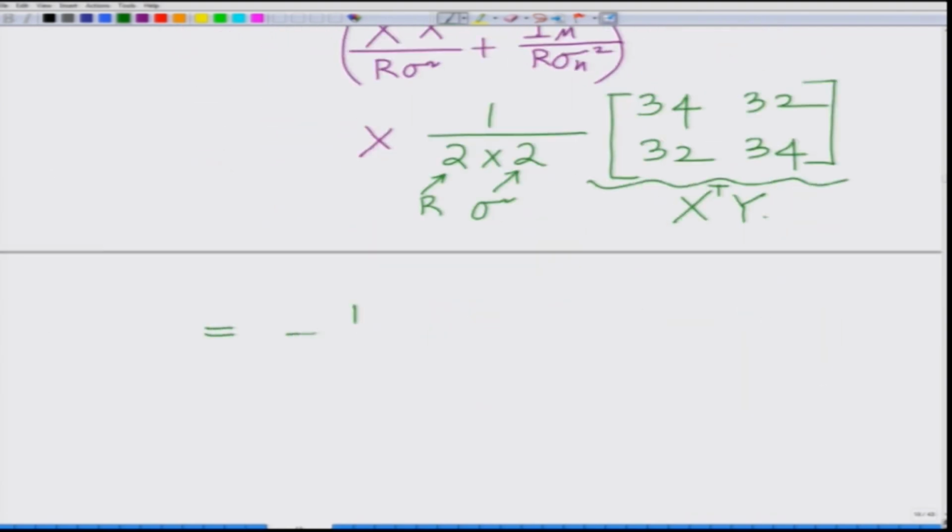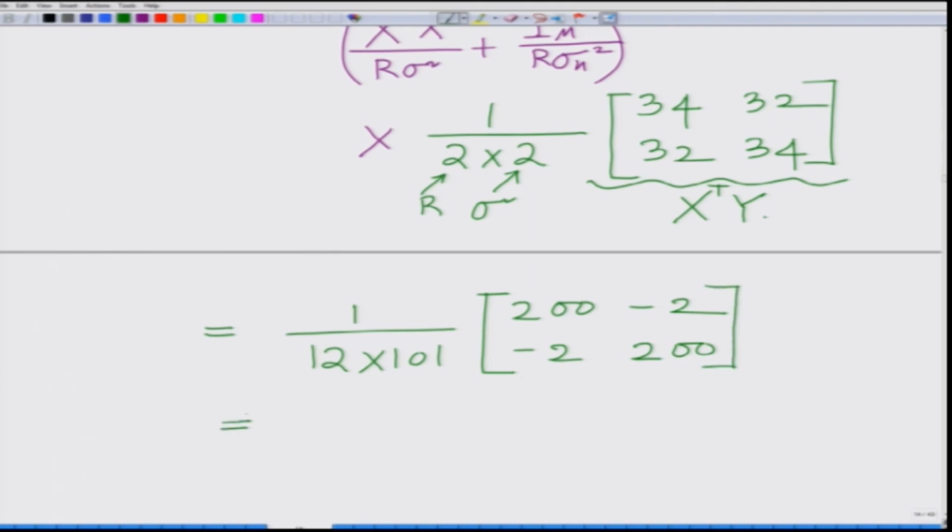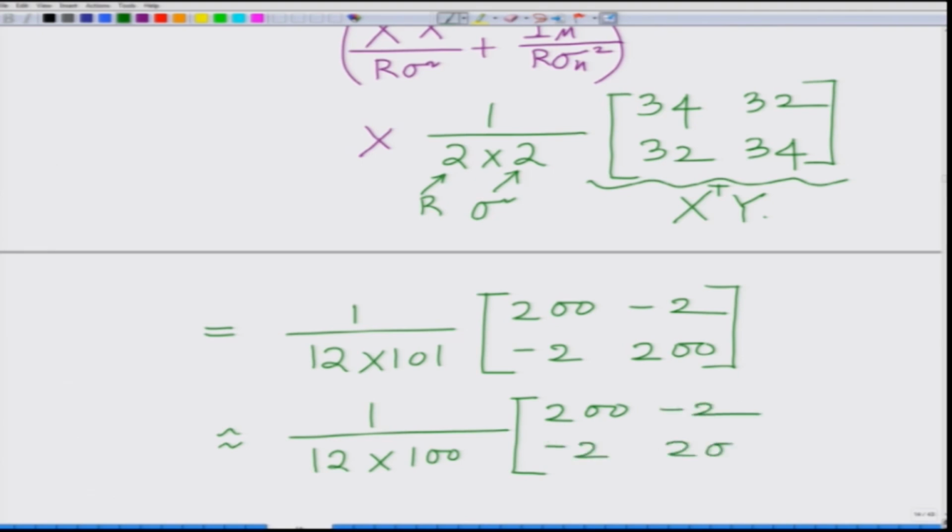Now you put this all together and what you get is 1 over 12 times 101 into 200, minus 2, minus 2, 200. Now, approximating this 101 as 100, this is approximately equal to 1 over 12 into 100 times 200, minus 2, minus 2, 200.